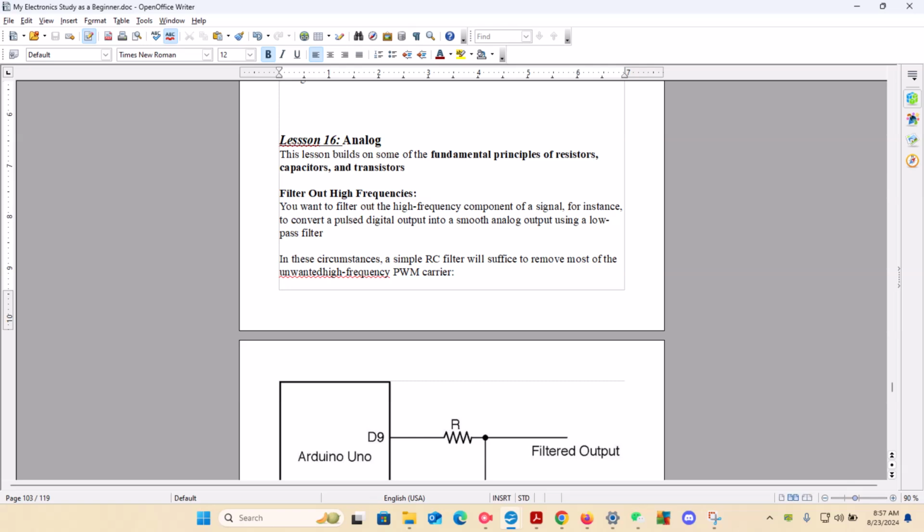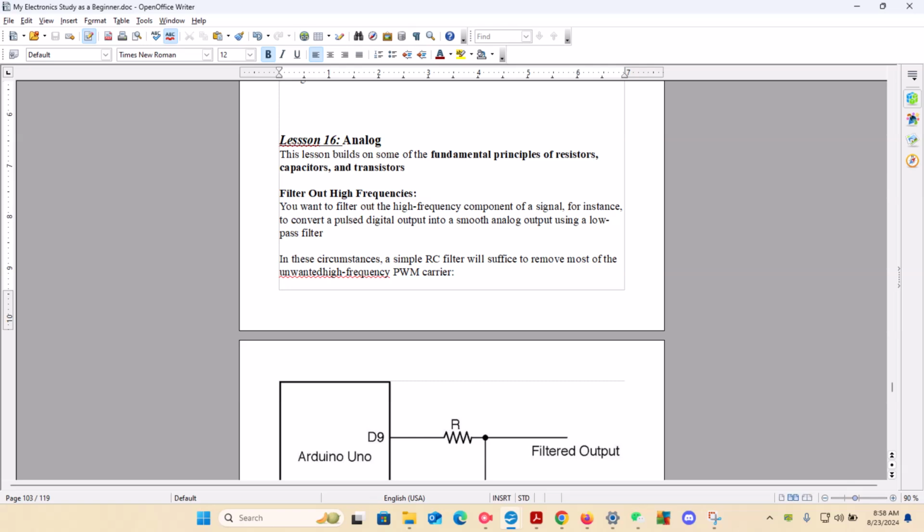First, what you want to do when it comes to analog is filter out high frequencies. You want to filter out the high frequency component of a signal, for instance, to convert a pulse digital output into a smooth analog output using a low pass filter.